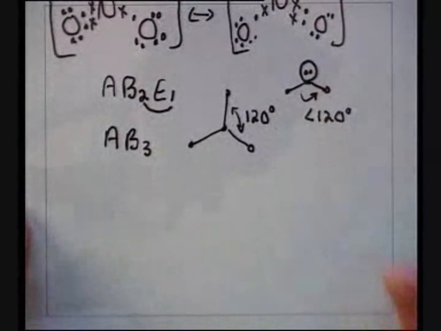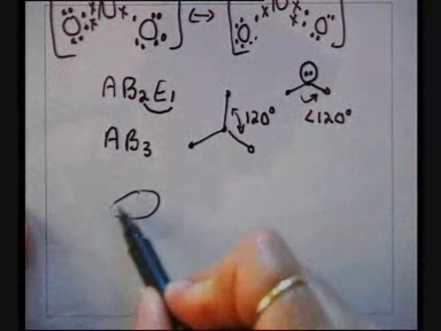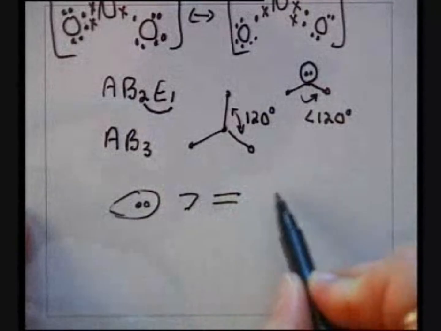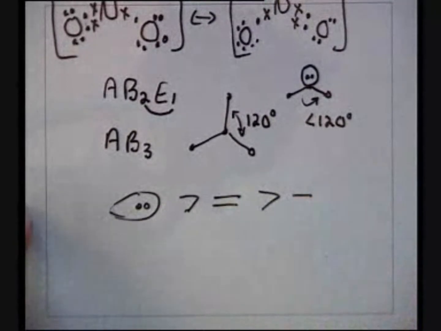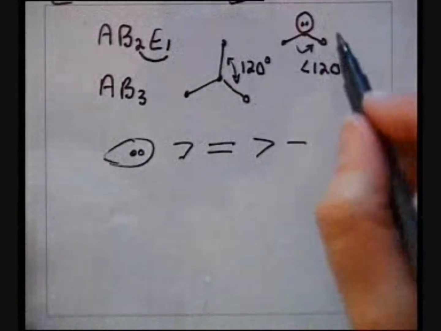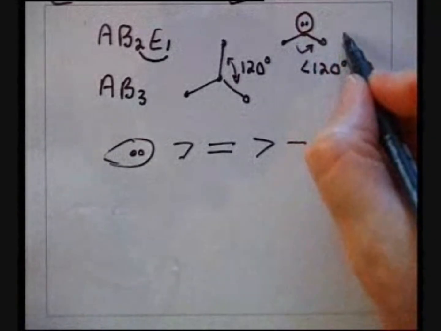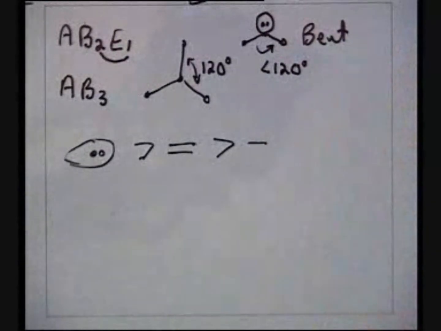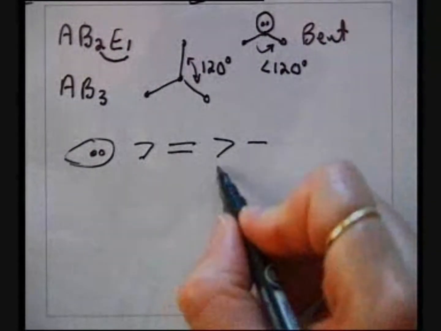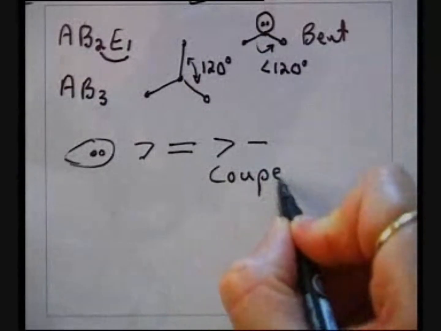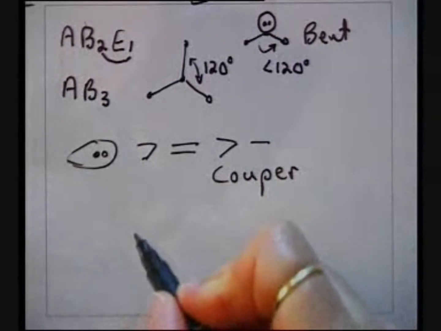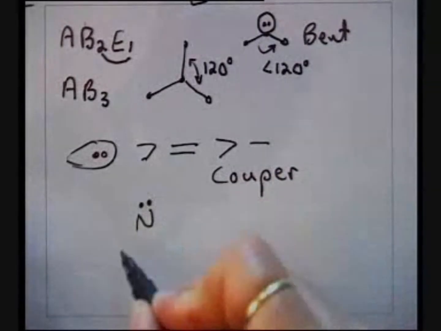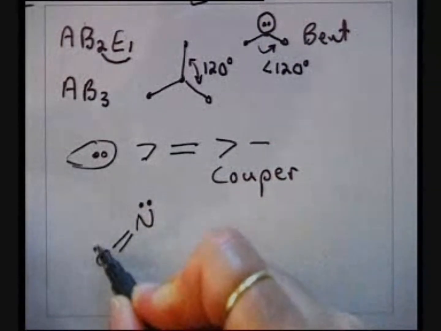The volume of a lone pair is larger than the volume of a double bond, and that is larger than that of a single bond. We predict now a bent molecular geometry, and we draw the molecular geometry by using Cooper or Cowper structures. In three-dimensional space, we try to represent our compound, our molecule.